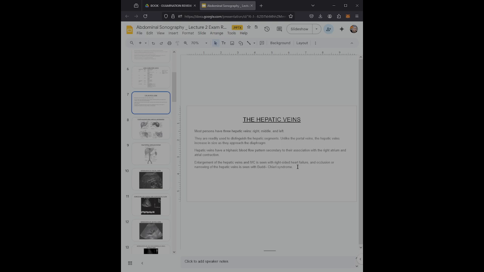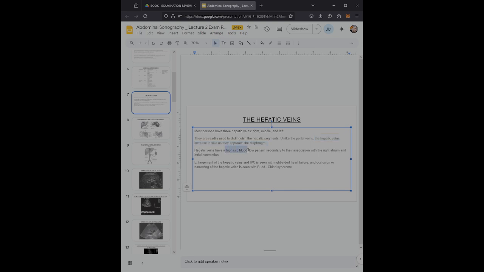So the hepatic veins, most people have three, are right, middle, and left, and they're used readily to distinguish hepatic segments. And unlike the portal veins that decrease in size as they approach the diaphragm, the hepatic veins increase in size.